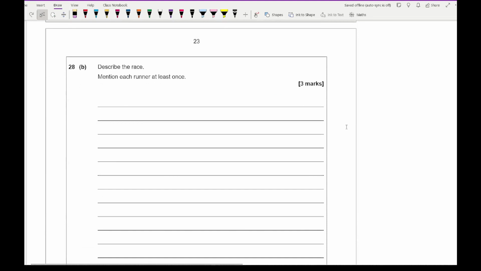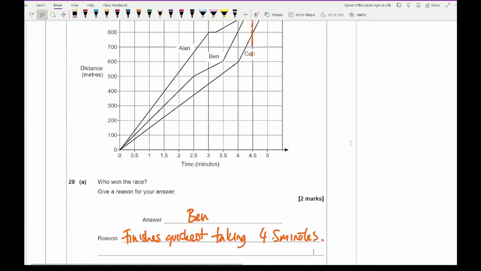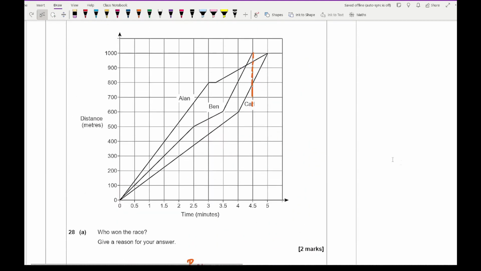For B, it says describe the race now, and it's worth 3 marks. So what you want to do is take each person and talk about what they've done. So here you're starting with Alan. You could say Alan starts the fastest.